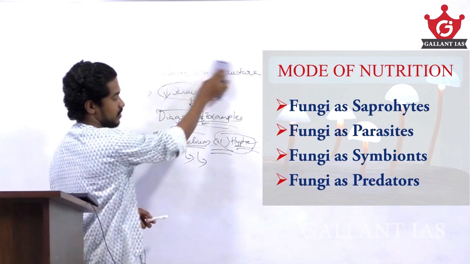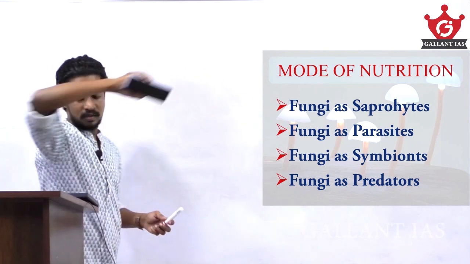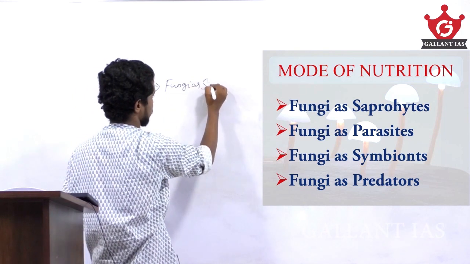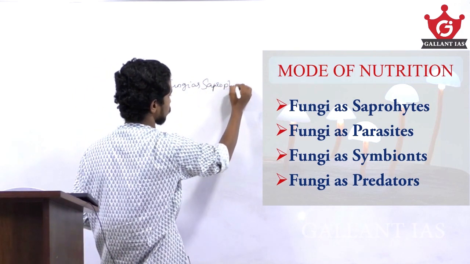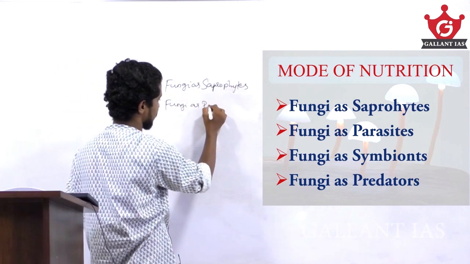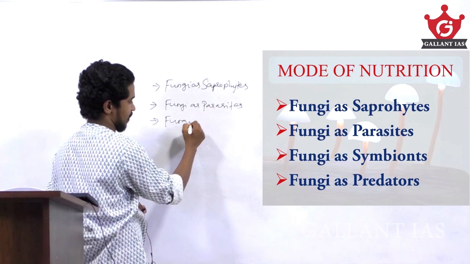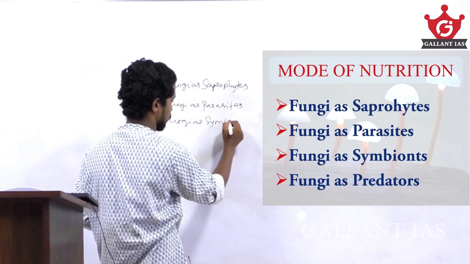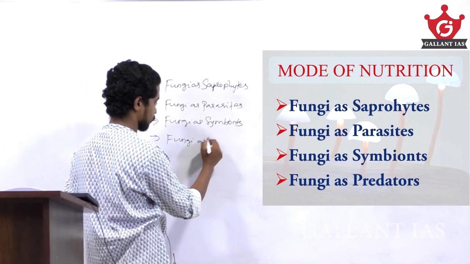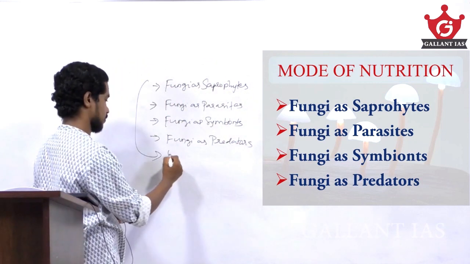And under mode of nutrition, you should have an idea about fungi as saprophytes, fungi as parasites, fungi as symbionts, and fungi as predators, with examples.